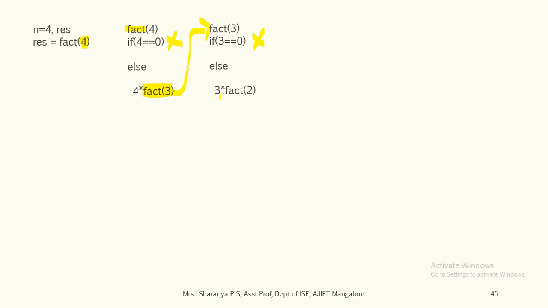So it will come to the else part and evaluate return 3 into factorial of 3 minus 1, that is 2. This is once again a function call. So it will once again move to the function factorial with n value equal to 2. Now it checks, is 2 equal to 0? No, the condition is false. It comes to the else part, and 2 into factorial of 1 is going to be computed.